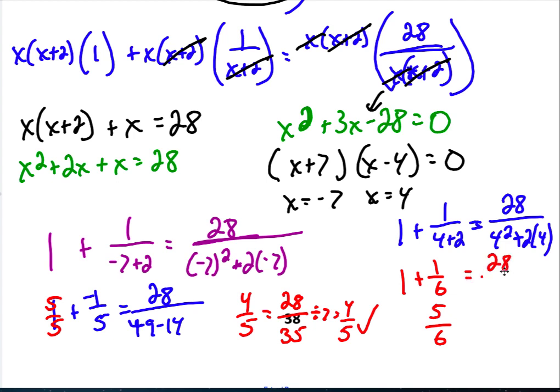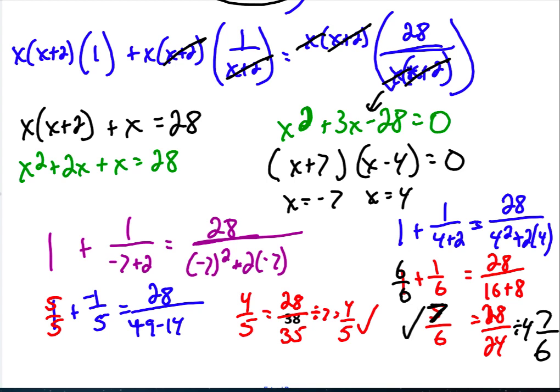Here I get 28 over 16 plus 8 or 28 over 24. 28 and 24 can be each divided by 4, and I get 7/6. Oh, and I forgot over here. This was 6/6 plus 1/6, which is 7/6. So I did get it on the same side, so I am good.